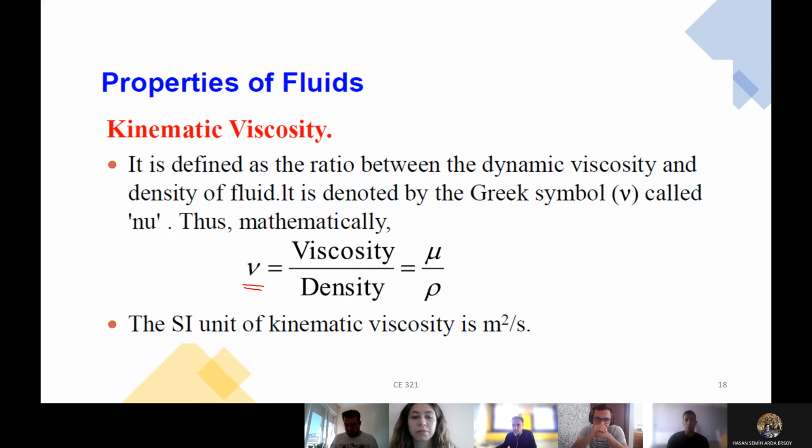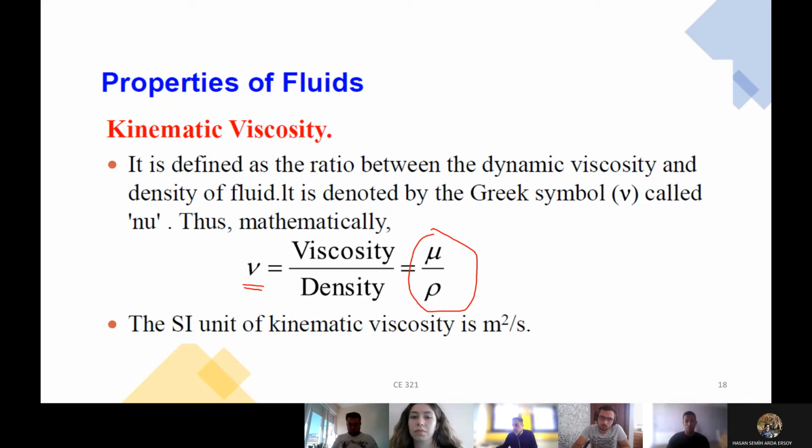It is called nu. It doesn't physically mean another kind of property. It is the same thing, viscosity, but divided by rho. Why do we do it? In some formulas in fluid mechanics, we repeatedly see mu over rho, mu over rho, mu over rho. To simplify, instead of this fraction, we just write nu. And we gave the name kinematic viscosity for this.